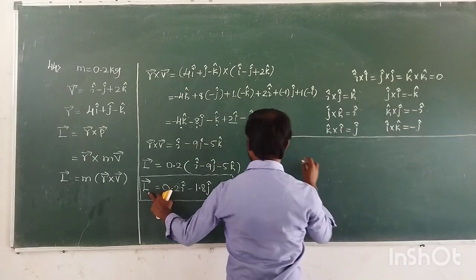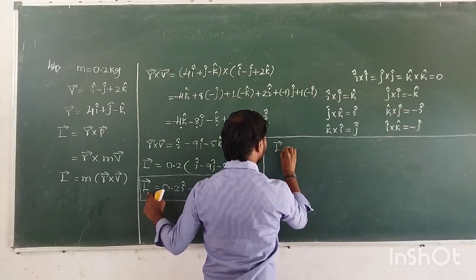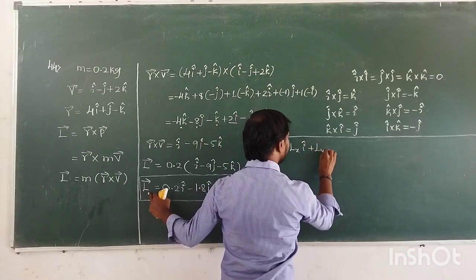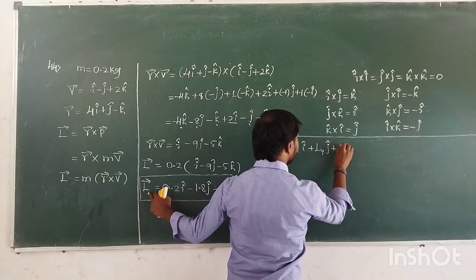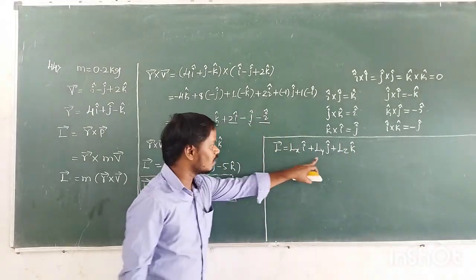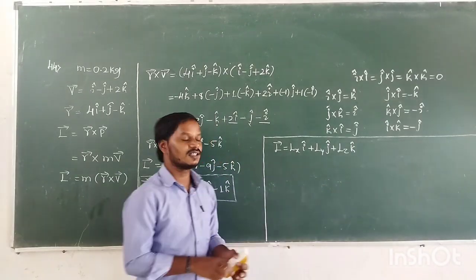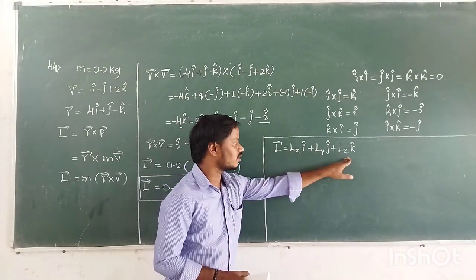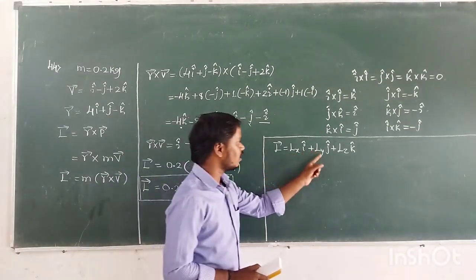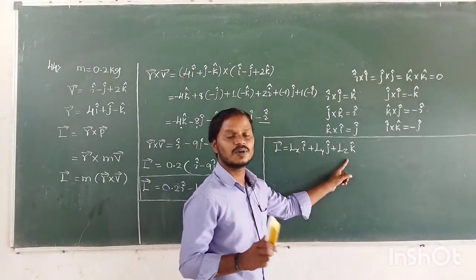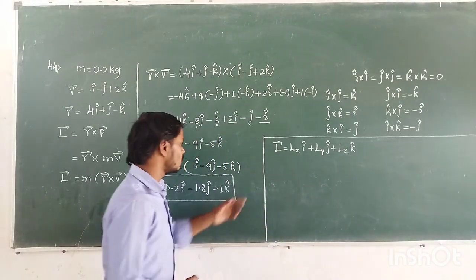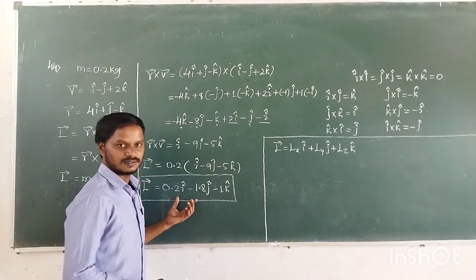So vector L can be written as Lx i plus Ly j plus Lz k. Here Lx, Ly and Lz are the x, y and z components of the angular momentum. So this is the standard form of this equation. Okay.